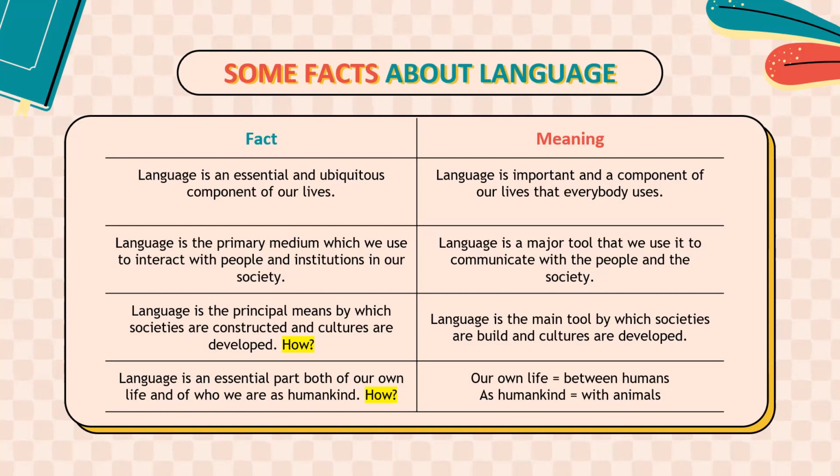We use it to think. We use it to do our homework. We use it to name things. We use it to read. We use it to play on our phones. We use it in every single thing in our lives. So it is an important part of our life. Without it, there is no life.